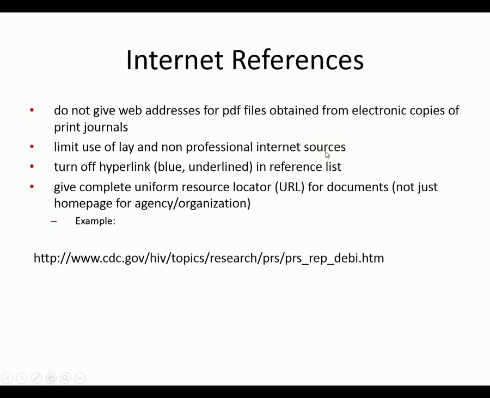Try to use all professional sources. Turn off hyperlinks. There should be no blue or underline in your reference list. Give complete uniform resource locators, the URL for documents, not just the homepage of the agency or the organizations. Here's an example of how you would do the full URL address.